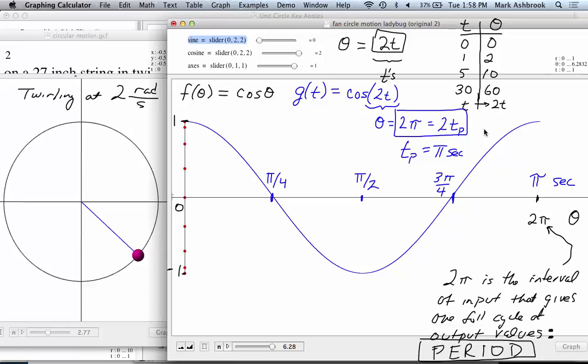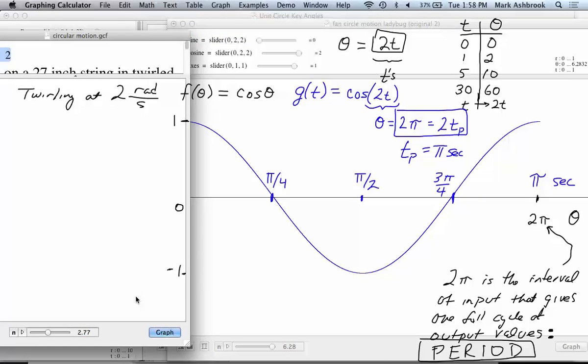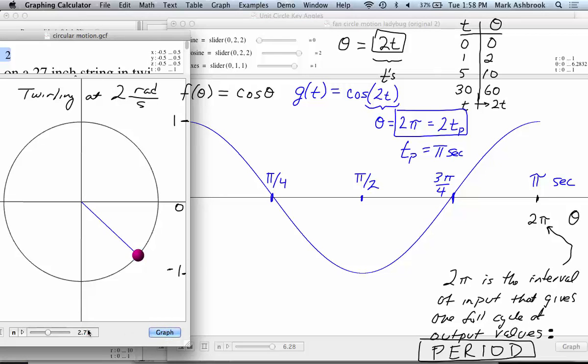Okay, so how about this situation? Twirling a ball 2 radians per second. Any observations about that? So imagine you've got just a string, a couple feet long. We're going to twirl this ball, and this is 2 radians per second. Any comments?